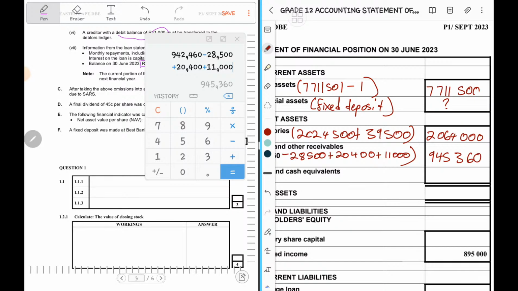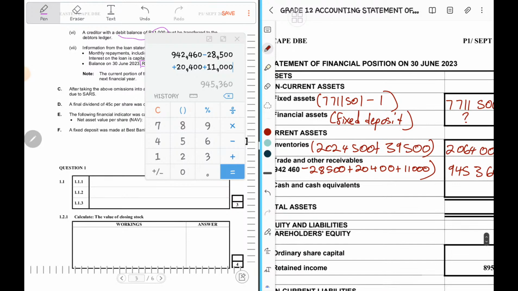May you please repeat what you said for fixed assets? Okay, so for fixed assets, we subtract the carrying value of the equipment that we disposed.